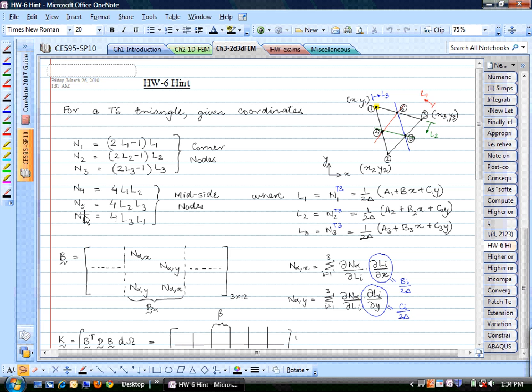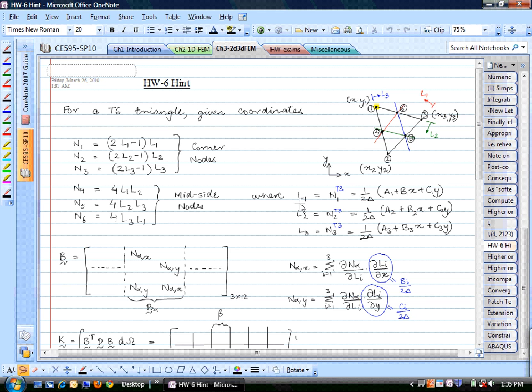The quote-unquote parent element for the triangles for T6, these are the shape functions that we derived in class in terms of L1, L2, L3, and there is a corresponding relationship that is just like the isoparametric map in the Q4. So you can think of these 3 relationships as the isoparametric map for the triangular element from the parent domain to the actual domain.